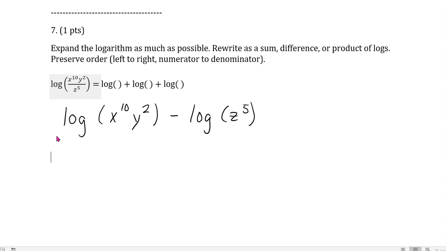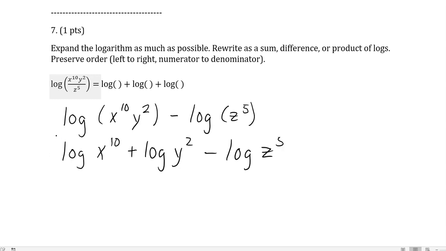Now I can apply the product rule to the first term since I have two factors inside the answer part of the first term. This will become the sum of two logs. This becomes the log of x to the 10th plus the log of y squared. The minus the log of z to the fifth simply tags along the back.